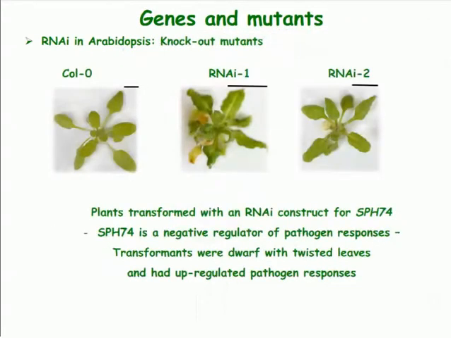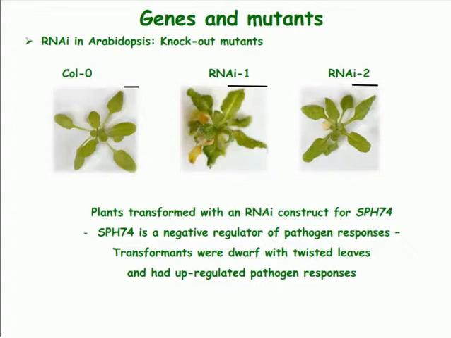So this is an example of an RNAi construct for a gene related to pathogen responses. Basically, it's a negative regulator, so in the wild type it is stopping the expression of other things that will produce an effect when pathogens come.